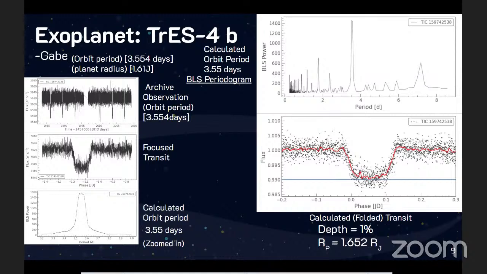The calculated data I got is very similar to what the archive observation actually was. And if you look here at the actual transit, it's only like a 1% drop, so it's a very small sudden decrease in brightness. Okay, next slide.